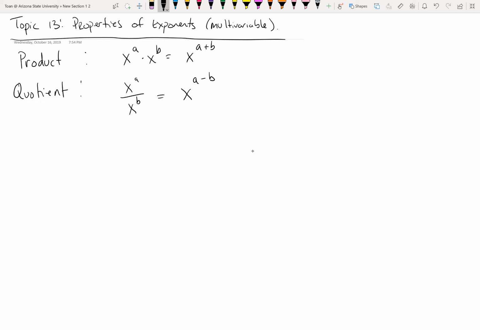It's always the top exponent minus the bottom exponent. And then the power property says you can stack exponents on top of each other, allowing you to multiply them together.